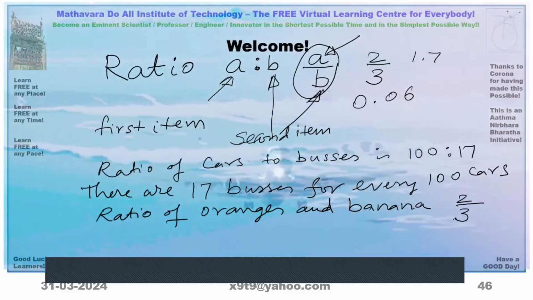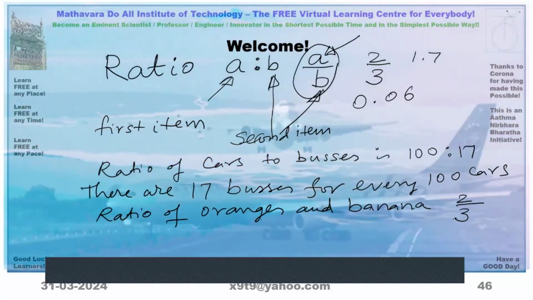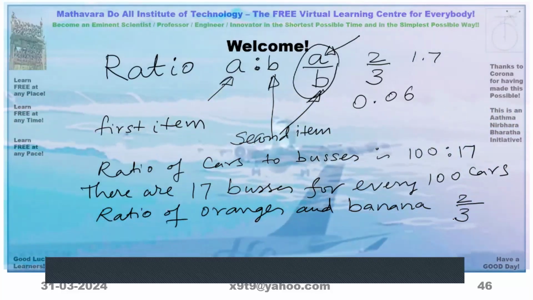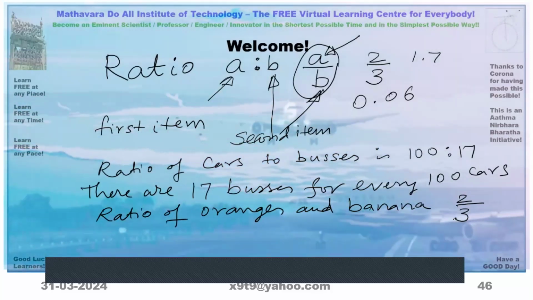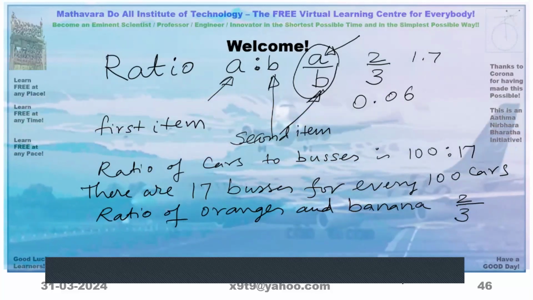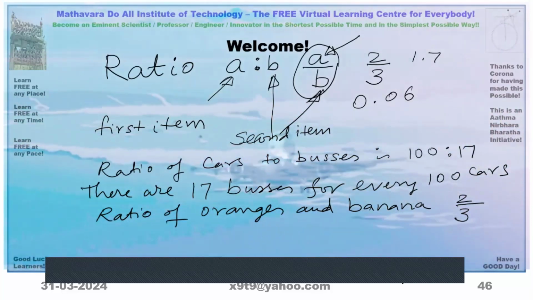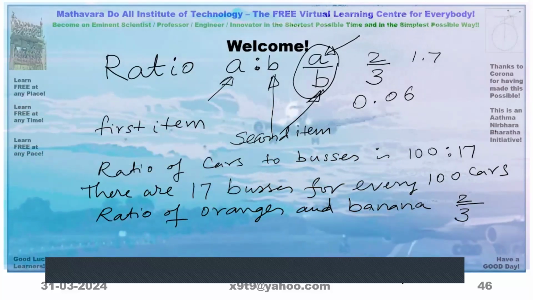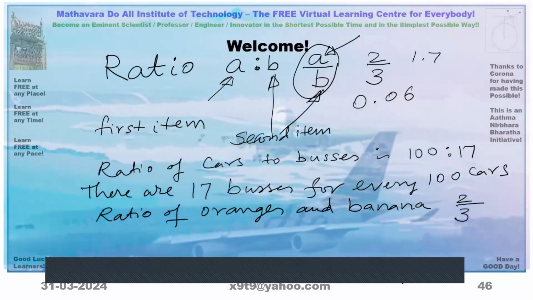So what is the meaning of this? There are 2 oranges for every 3 bananas. And if you reverse that one, there will be 3 bananas for every 2 oranges. There are totally 5 fruits.